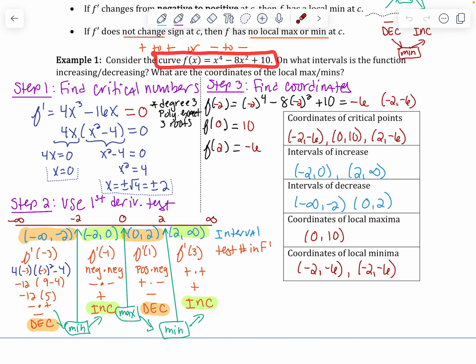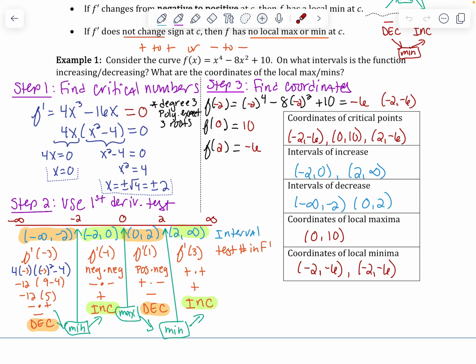We are given a specific function, and we're asked to find intervals that are increasing and decreasing, which are given to us in our answer box, and the coordinates, that means the x comma y value of local maximums and minimums, which for plural we'll call maxima and minima.